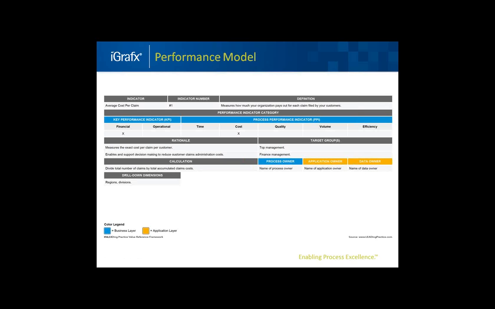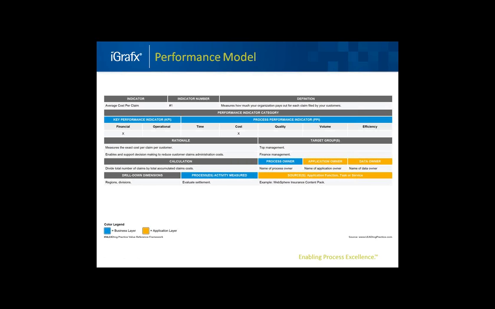We are missing drill down dimensions, which could be regional or divisions. Furthermore, process activity measures, meaning what's my process or activity measure. In this case, it would be evaluate settlement. We could furthermore need the information of where the source is, where I would get this information.